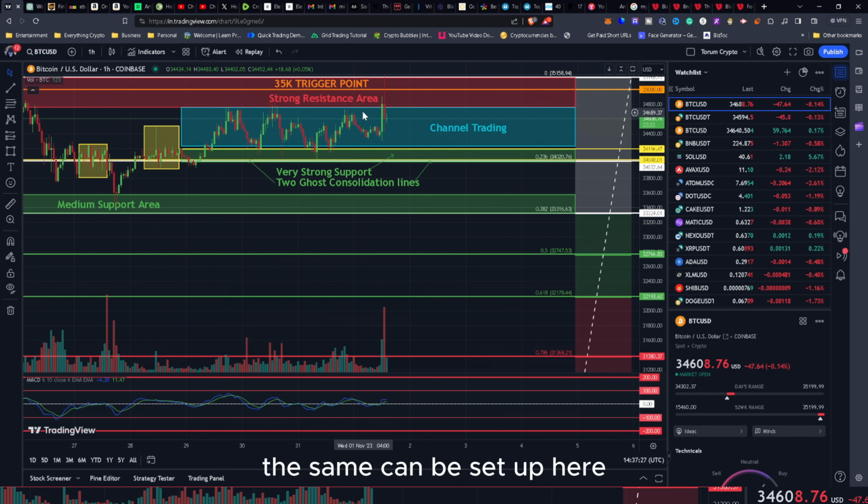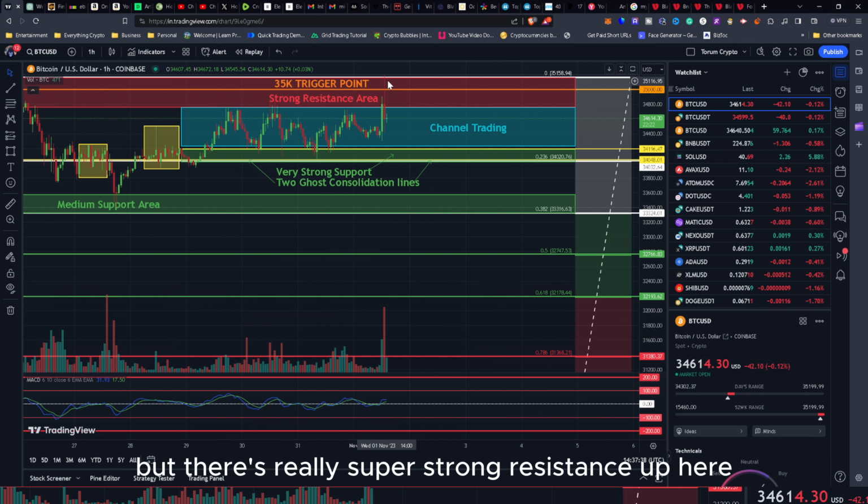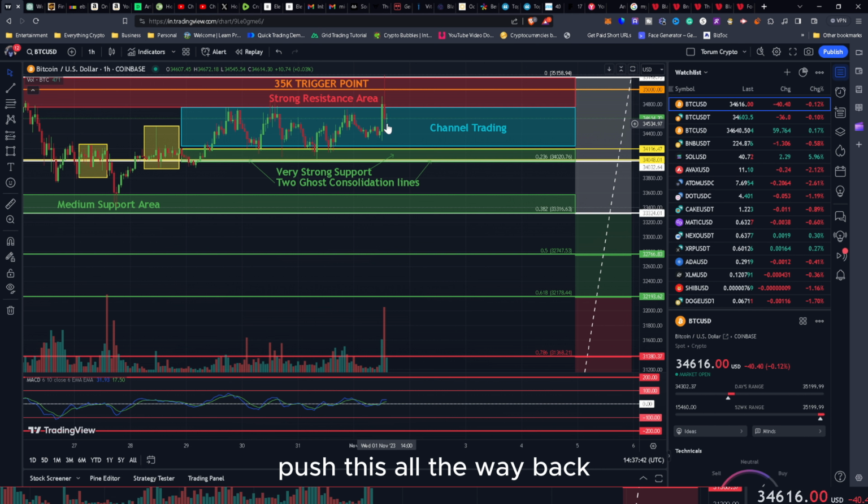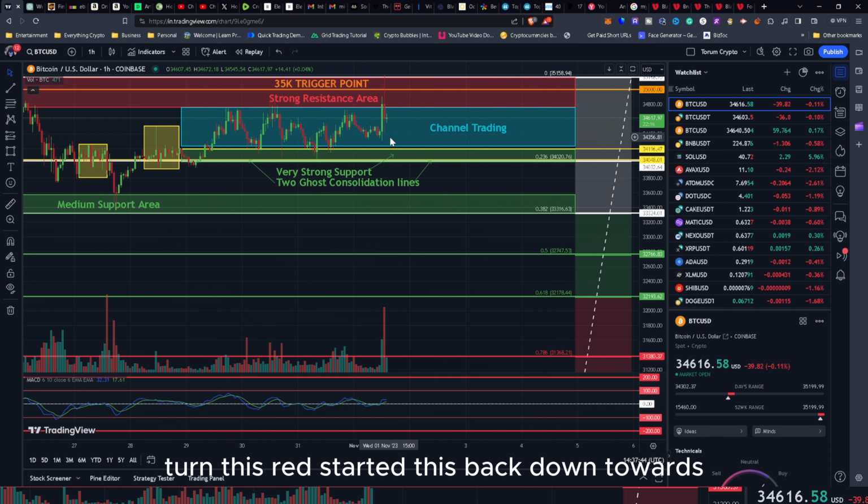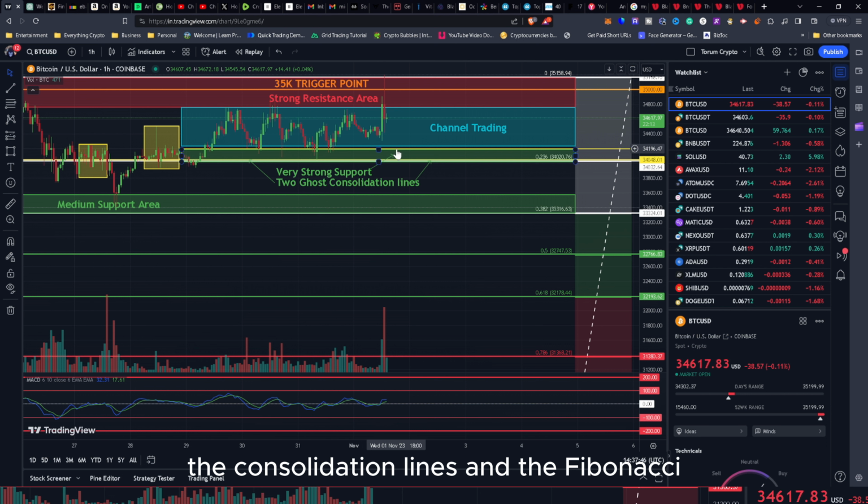The same can be said up here. This is super strong support. This is why we wicked, got past 35K again, but there's really super strong resistance up here. Push this all the way back, turned this red, started this back down towards the consolidation lines and the Fibonacci.